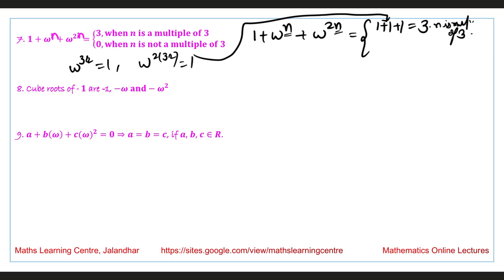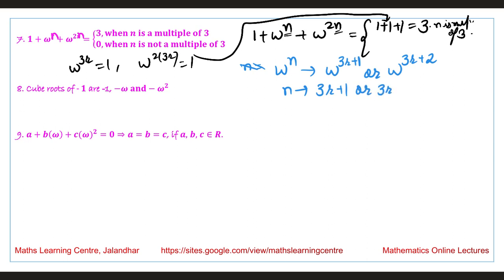So if it is not a multiple of 3, then it means omega raised to the power n can be of the form omega raised to the power 3r plus 1 or omega raised to the power 3r plus 2. We are saying this number n is of the form 3r plus 1 or of the form 3r plus 2.